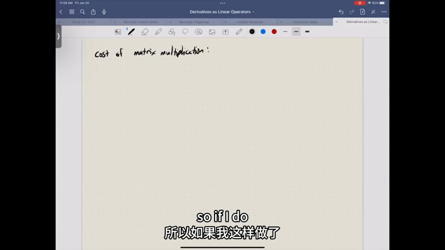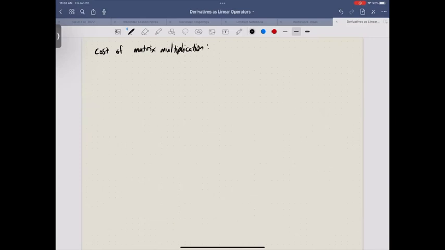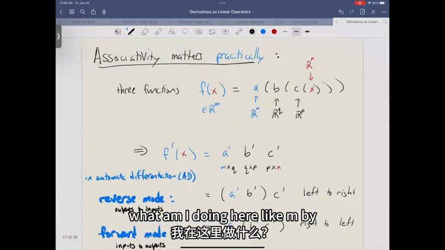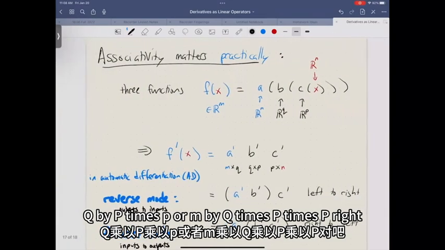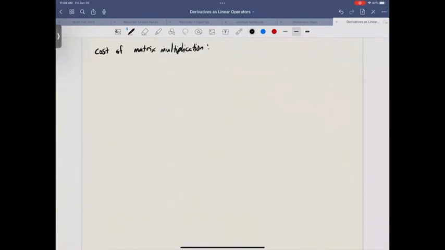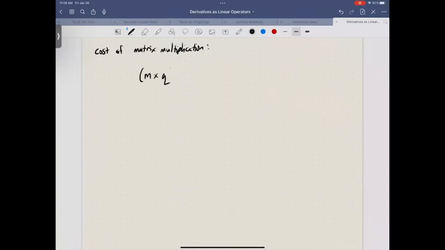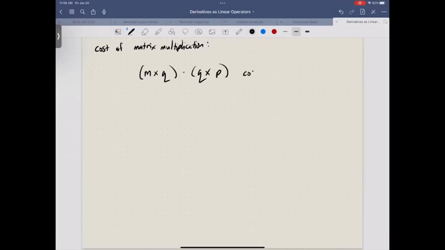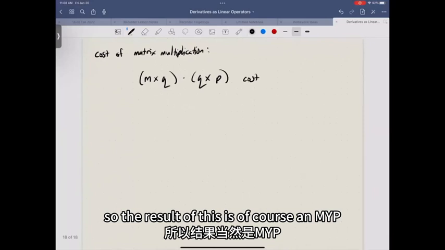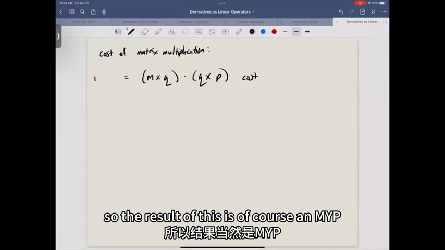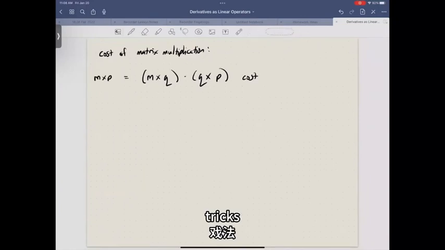If I multiply an M by Q matrix times a Q by P matrix, the result of this is, of course, an M by P matrix.